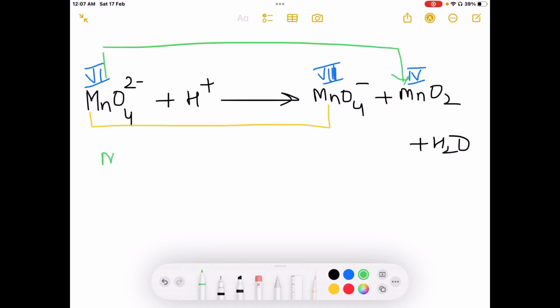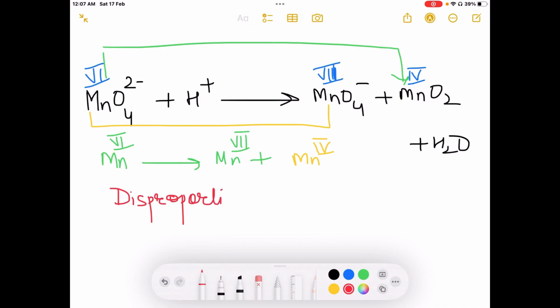It means in this case Mn changes from 6 to 7 and 6 to 4. Such a reaction is known as a disproportionation reaction. The same element gets oxidized as well as reduced. So the second step, the acidification of manganate ion, is a disproportionation reaction.